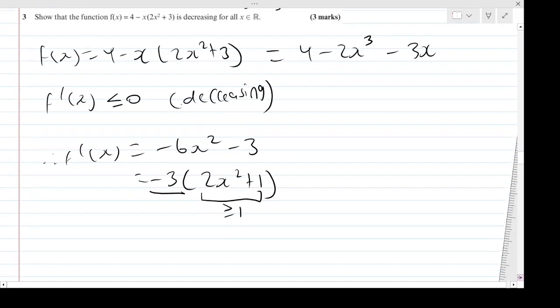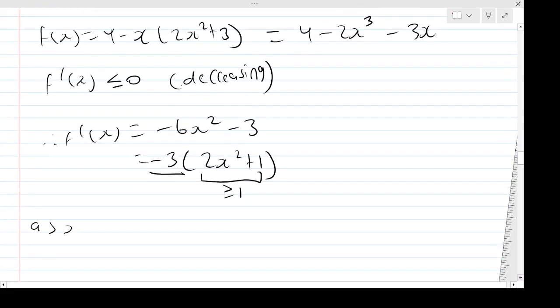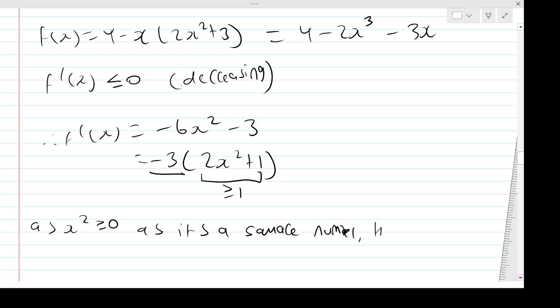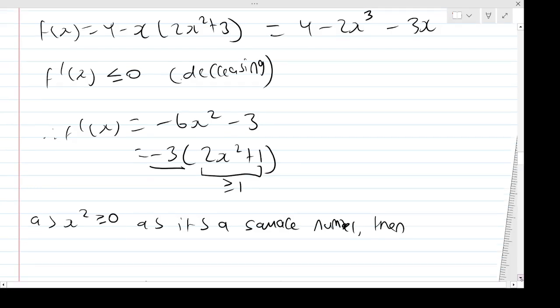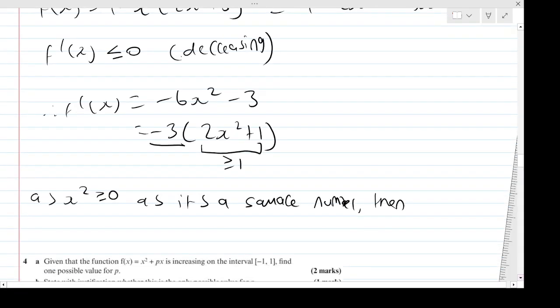So as x squared is greater than or equal to 0, as it's a square number, then I can say that minus 3 lots of 2x squared add 1.